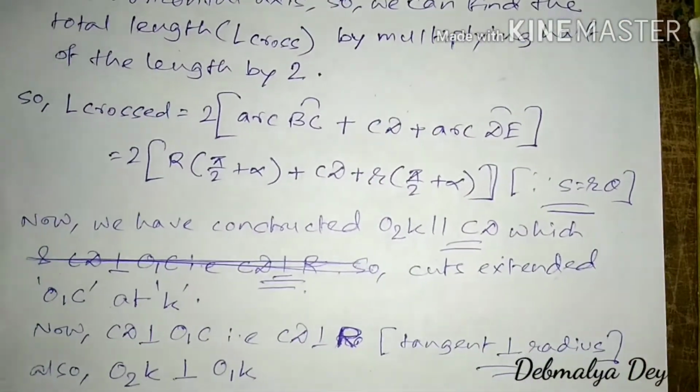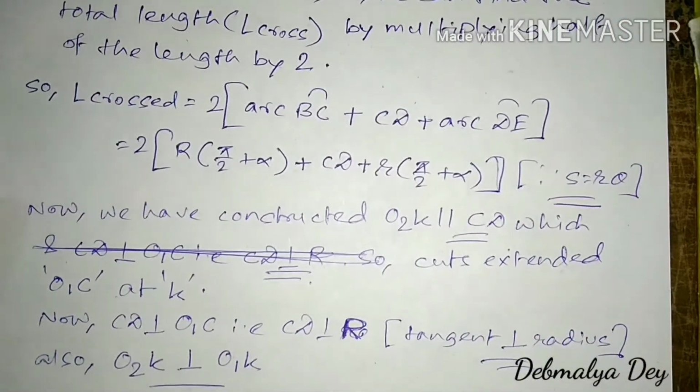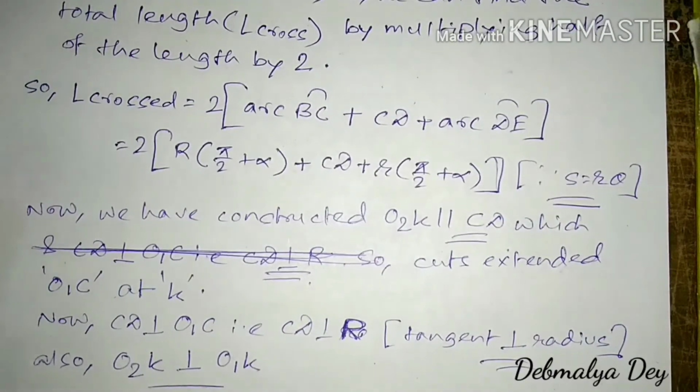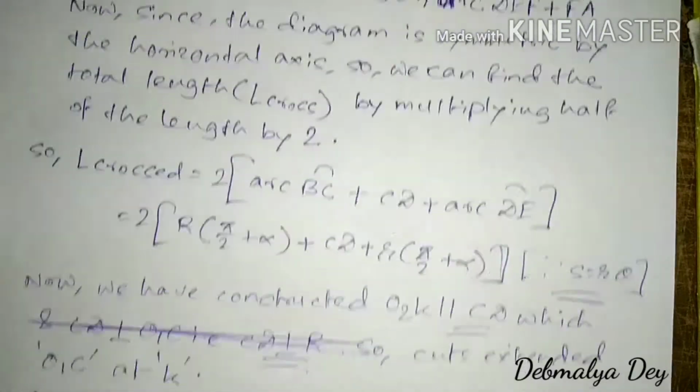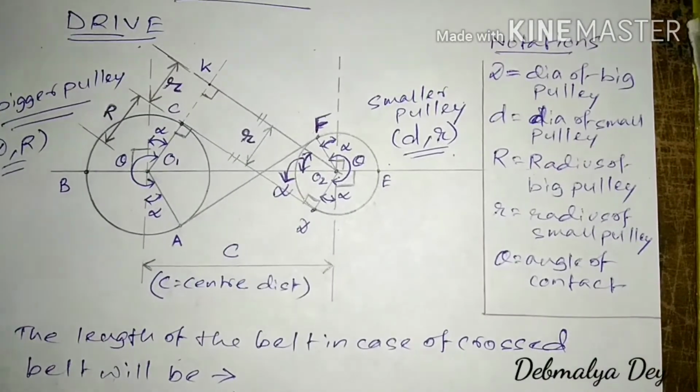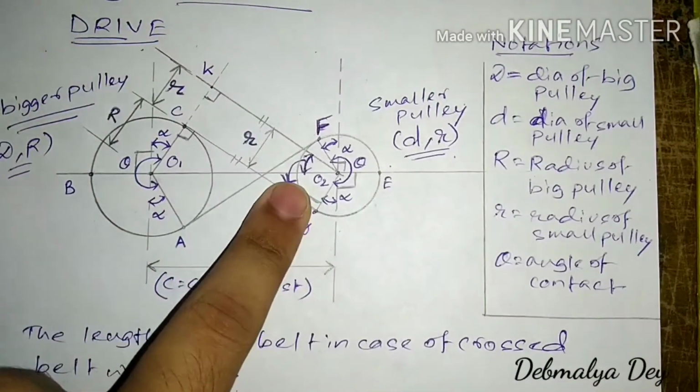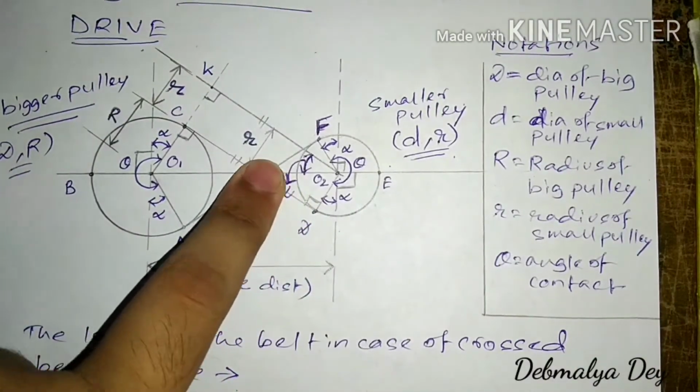Next, we have constructed O2K parallel to CD, which cuts the extended O1C at K. I just explained that this is the same construction we did at the time of angle of contact.